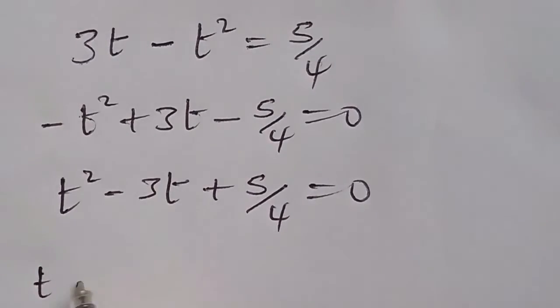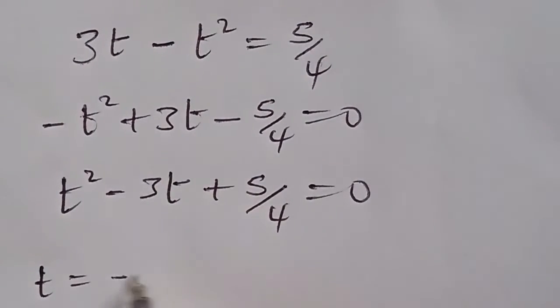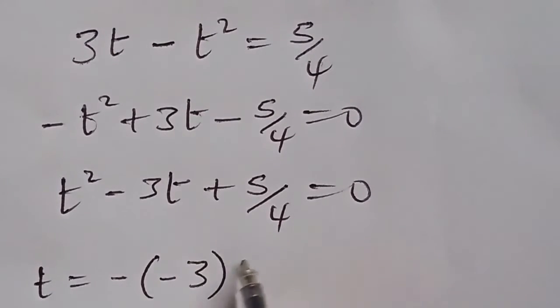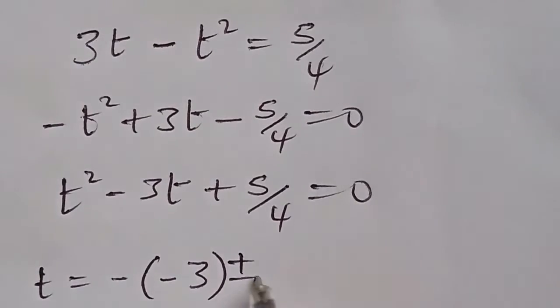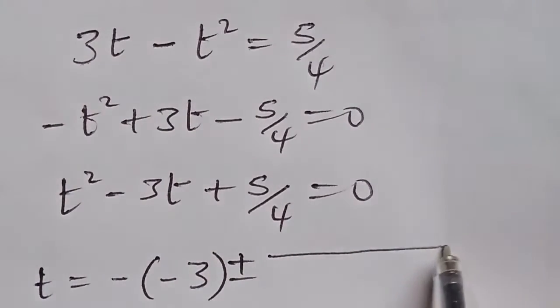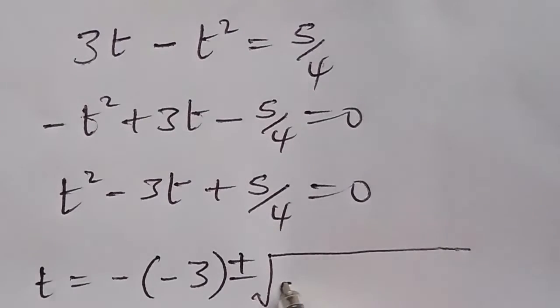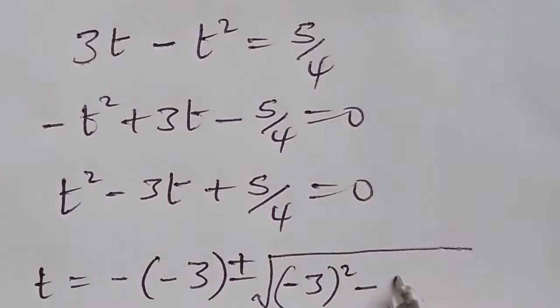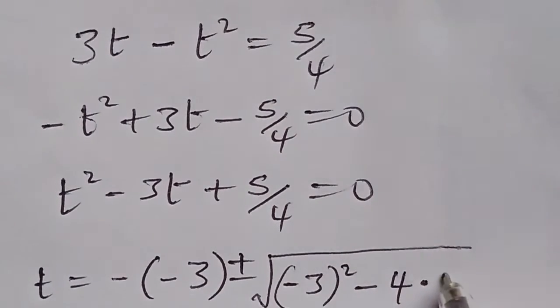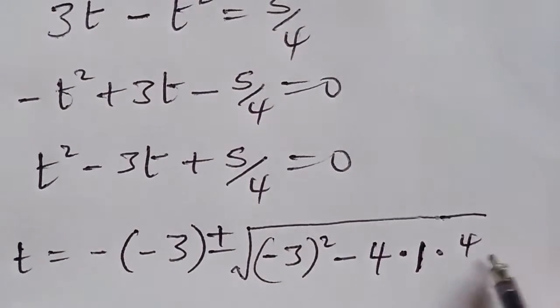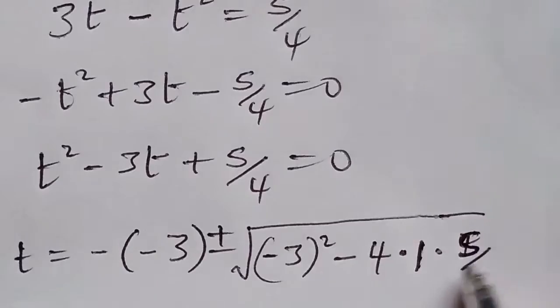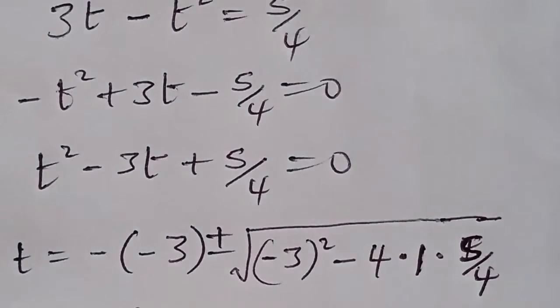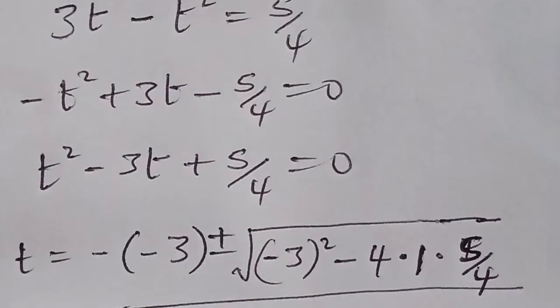So t will now be equal to minus into bracket minus 3, close the bracket, plus or minus square root of minus 3 squared minus 4 multiply by 1 multiply by 5 over 4, everything over 2.